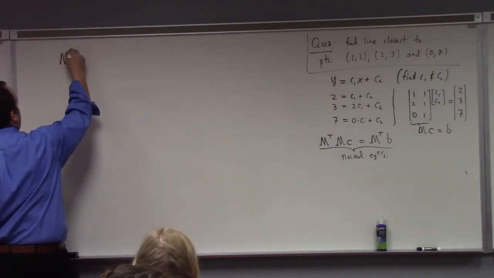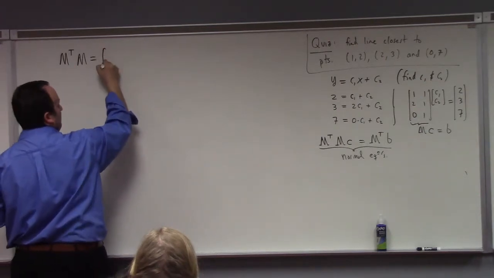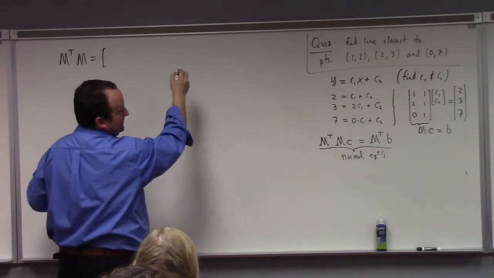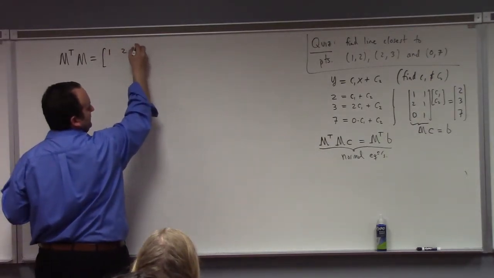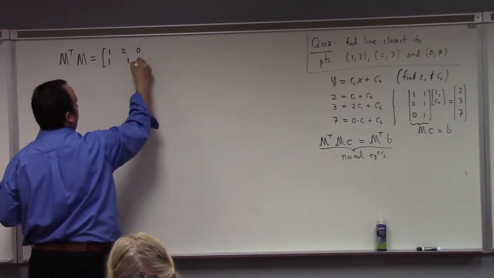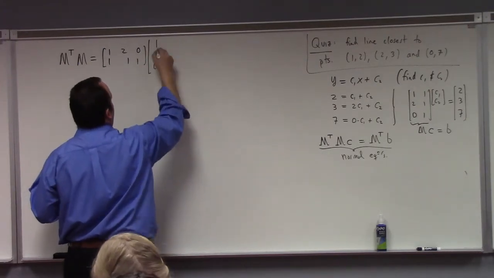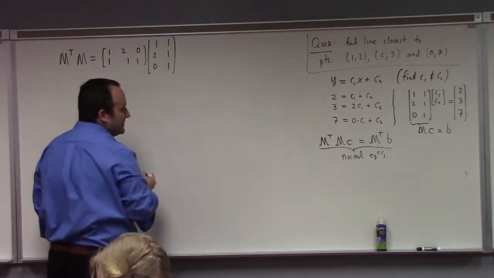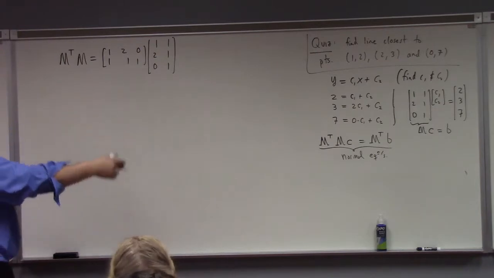What does M transpose M equal? The big picture is that it's a 2 by 2 matrix. What kind of 2 by 2 matrix is it? Is it symmetric or anti-symmetric, or neither? I think it's symmetric. Ooh, hey, that means it's orthonormally diagonalizable, although that's not terribly relevant to this problem. So M transpose M is that, whatever that is.